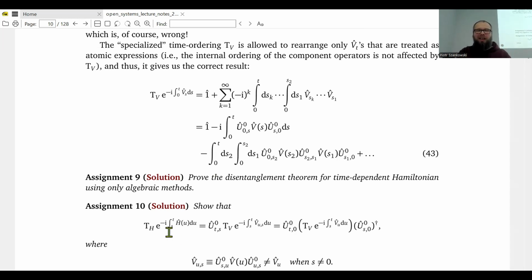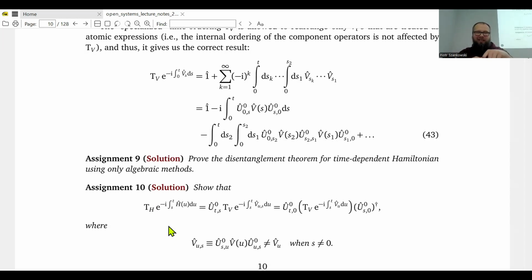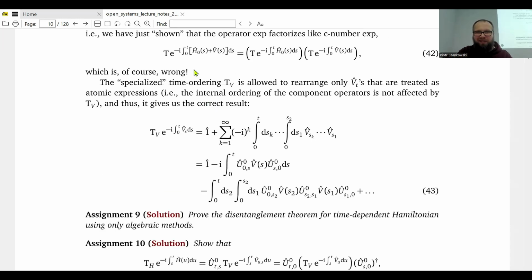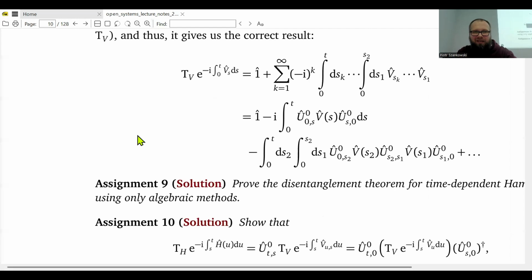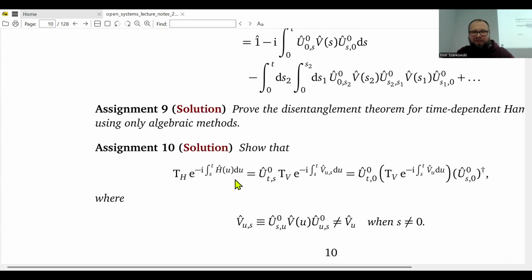Above I showed you how you do the disentanglement when the time goes from 0 to t. But let's say you have this kind of guy, so the integral starts from S. And I want to disentangle also an operator that starts from S. Is there something fishy about that?